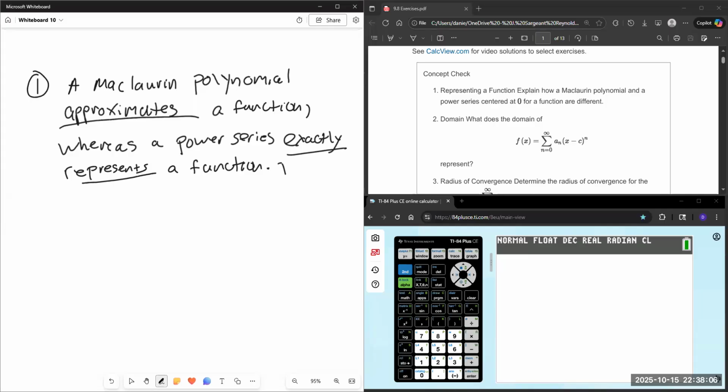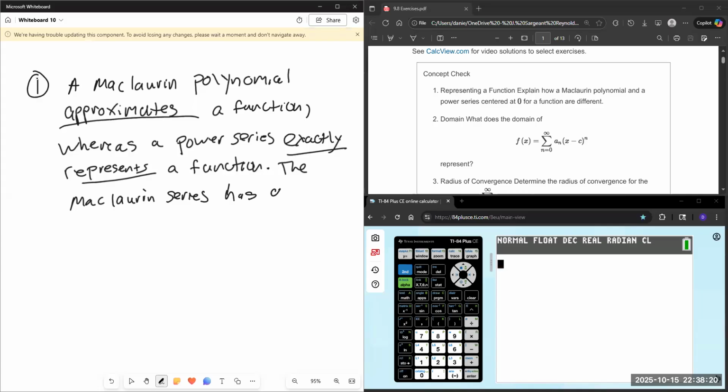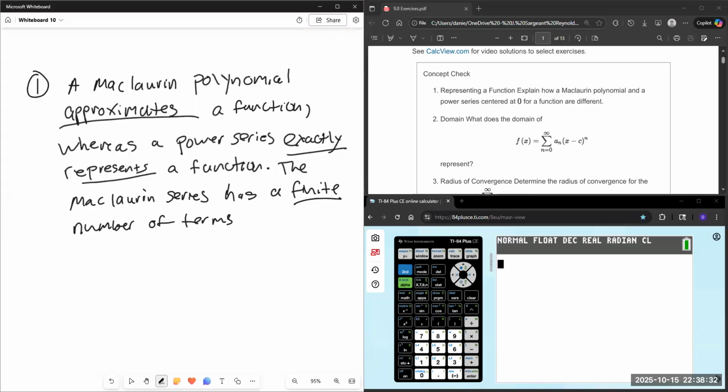The Maclaurin polynomial has a finite number of terms and the power series has an infinite number of terms.